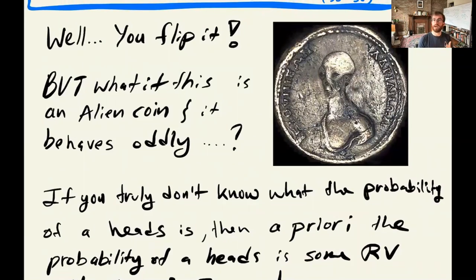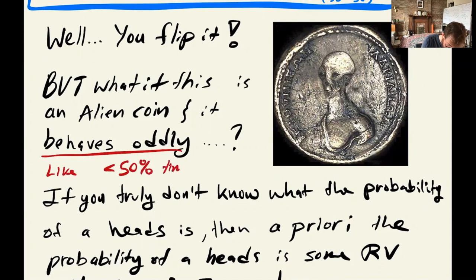But I want us just to imagine, suppose we did find this coin and we found that when we flipped it, it sort of behaved oddly. And in fact, most of the time, it didn't actually give us a 50-50 ratio of this alien heads versus whatever's on the other side. So what if it behaves oddly, like consistently less than 50% of the time we get heads?